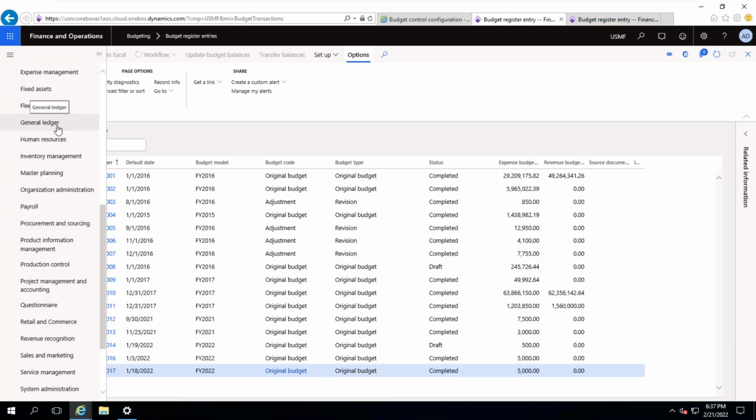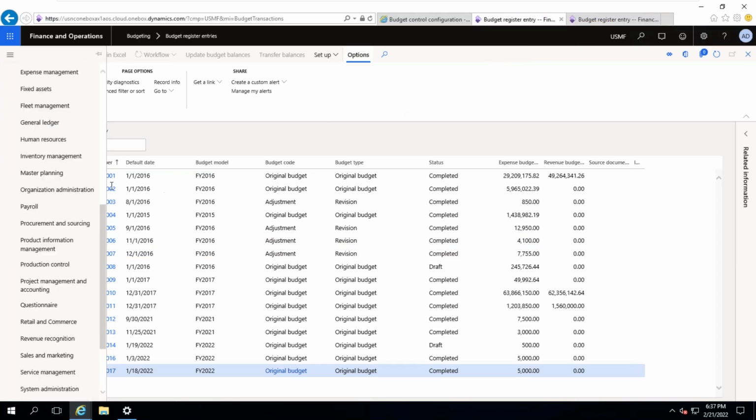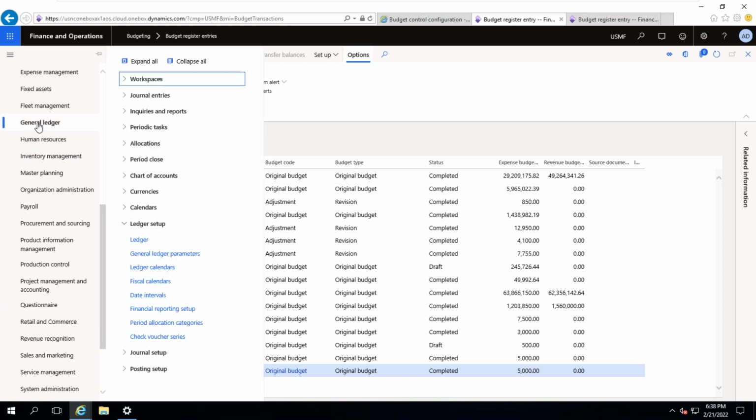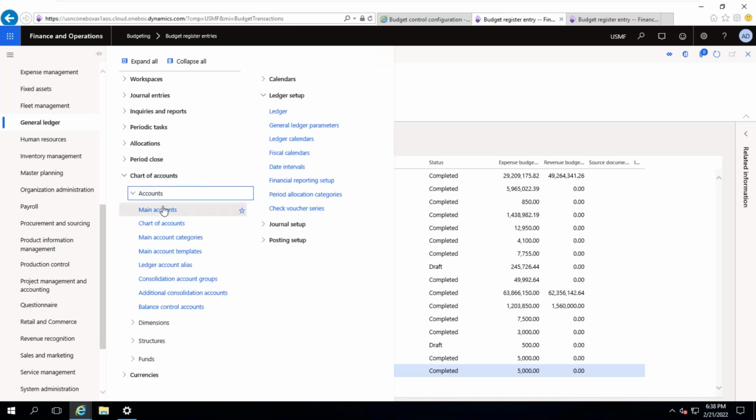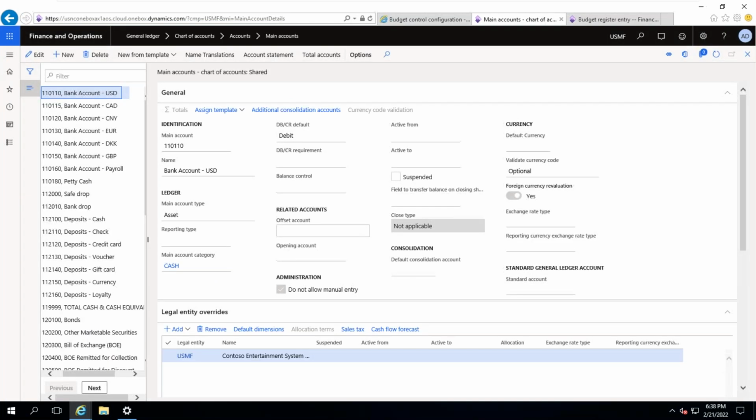General ledger, main accounts, chart of accounts. Accounts, main accounts. Okay, 601 star.